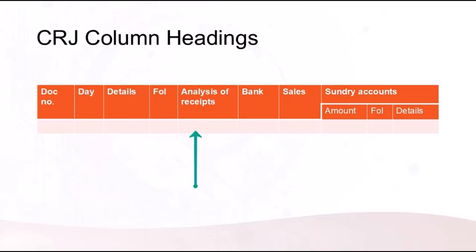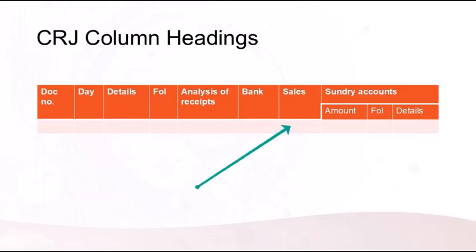The analysis of receipts column is used when multiple cash transactions were made in one day and only the sum total is deposited into the bank. We then record each individual amount in the analysis of receipts column and the total in the bank column. The bank column shows the total amount received.